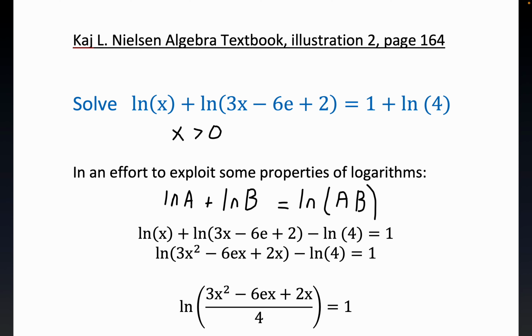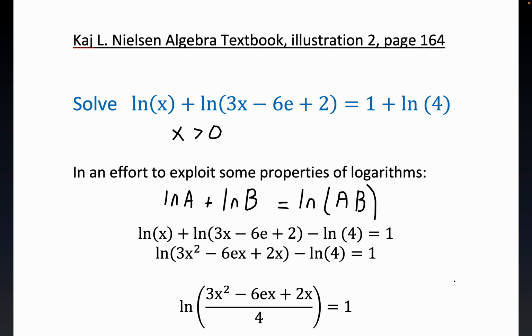Well, you know what I mean. This is the log of the sum is equal to the log of the product, I guess is the way you wrap that in English. And that's exactly what happened going from here to here. These two terms, this would be like your ln A, this would be like your ln B. You juxtapose the A and the B and you get this.